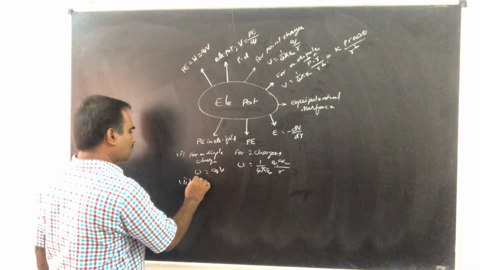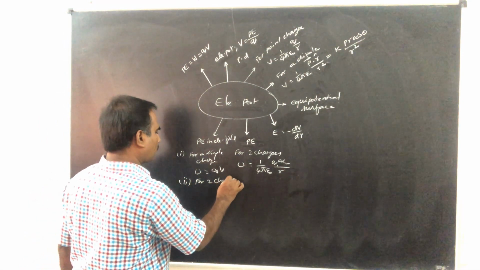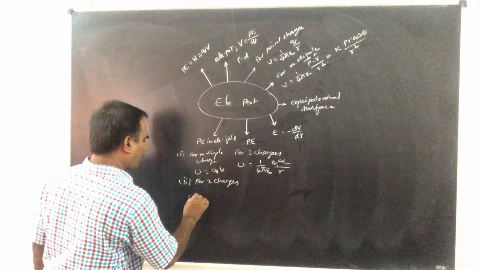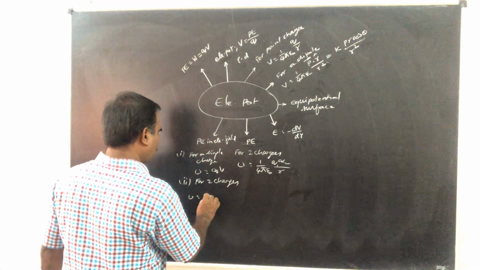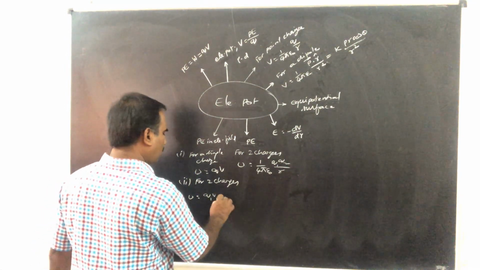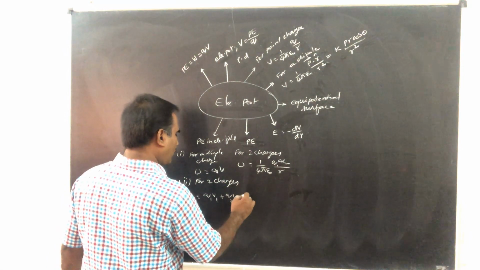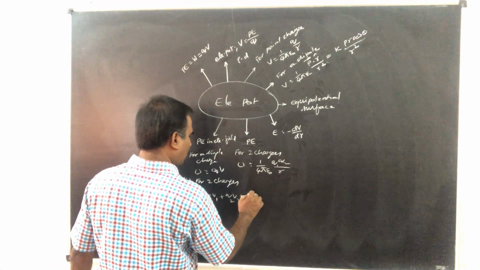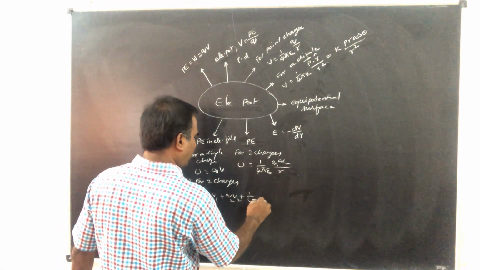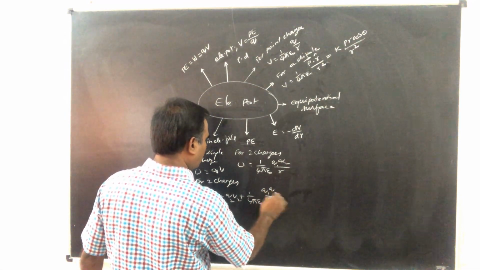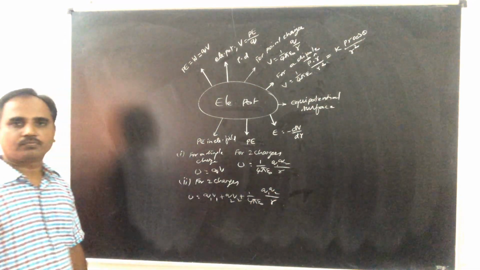For 2 charges or point charges, this is Q1 V1 plus Q2 V2 plus this equation, 1 by 4 pi epsilon naught Q1 Q2 divided by R.